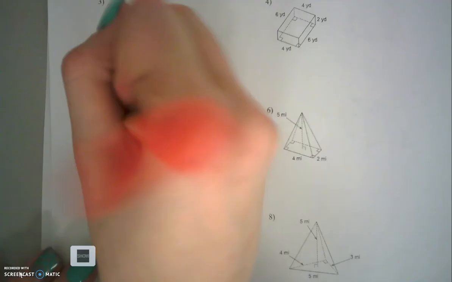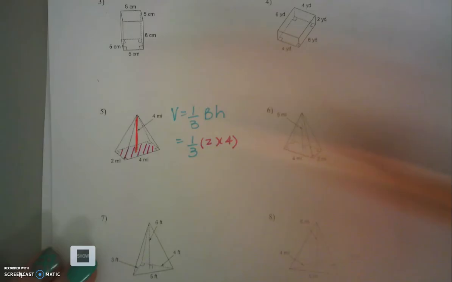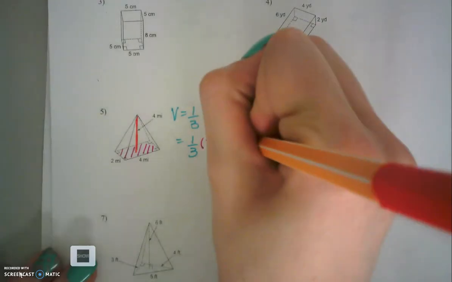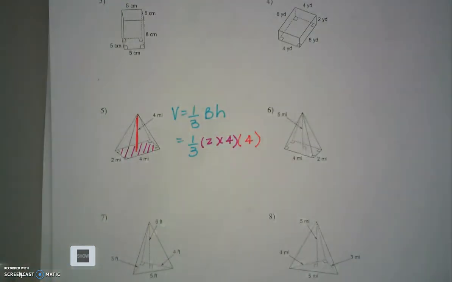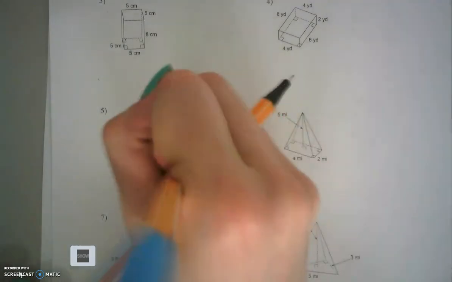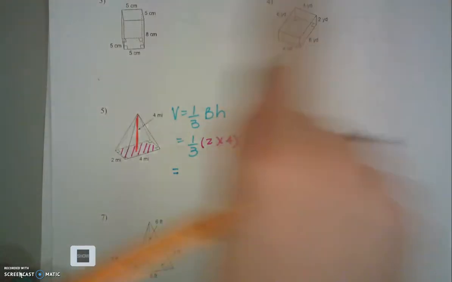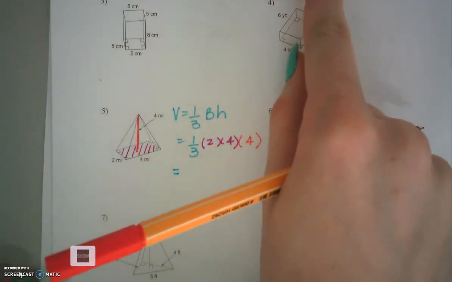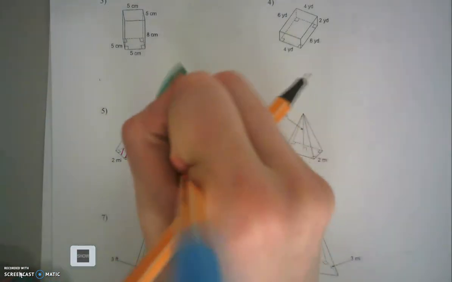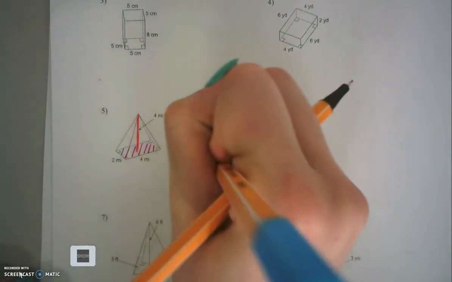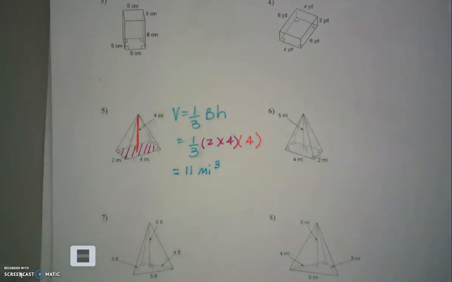And if I drop the height, this is times 4 as well. So my volume, and we can round to the nearest whole, is what the directions say. So this is going to be 11 miles cubed. So take the next few minutes and practice the volume of prisms and pyramids.